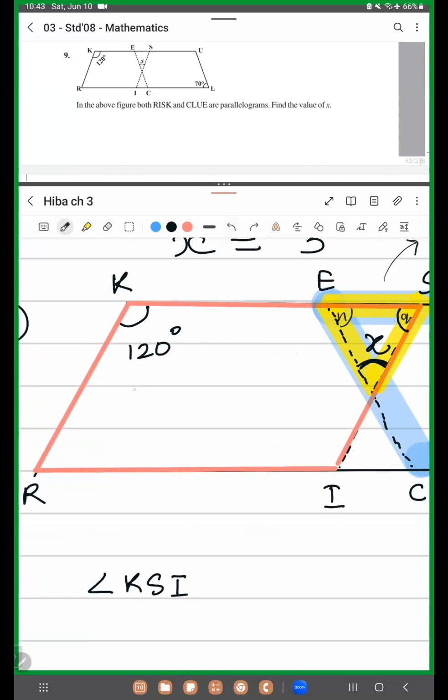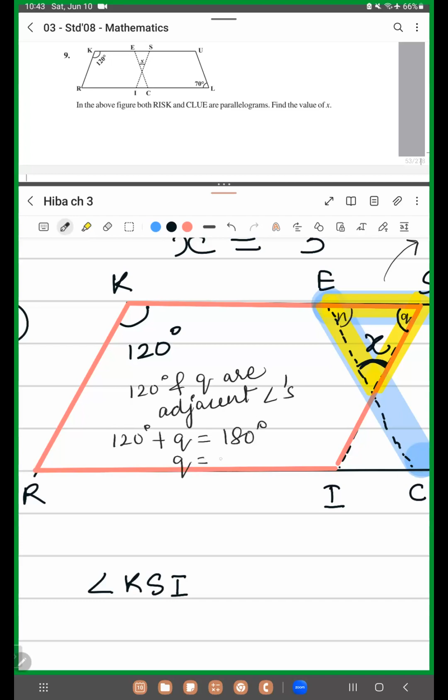Adjacent angles. Very good. So their sum is 180 degrees, which gives 60 degrees. So Q is equal to 60 degrees.